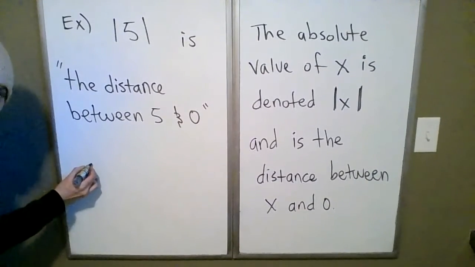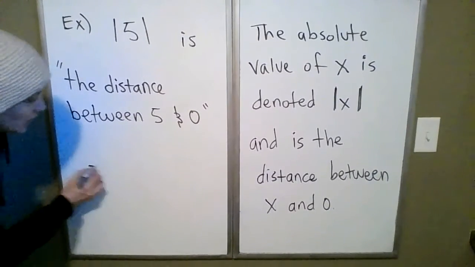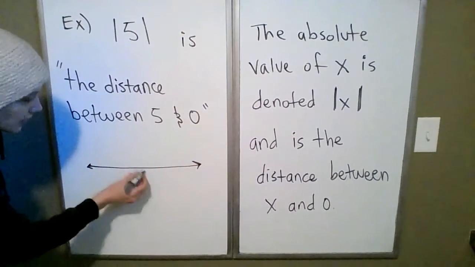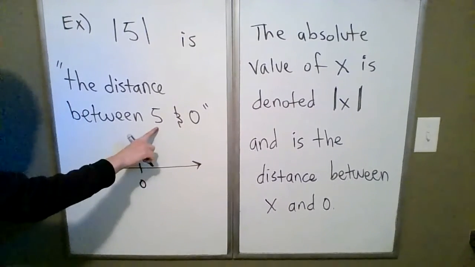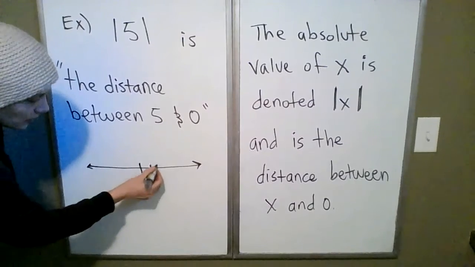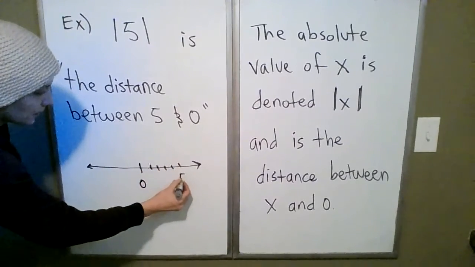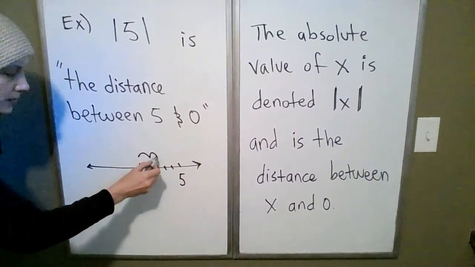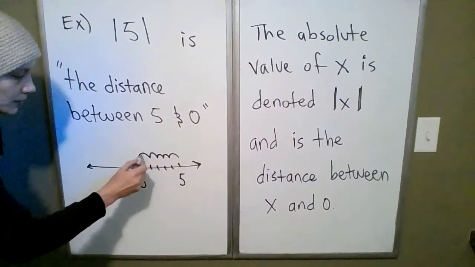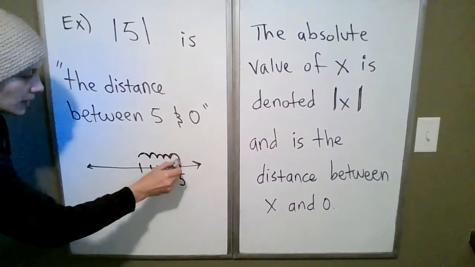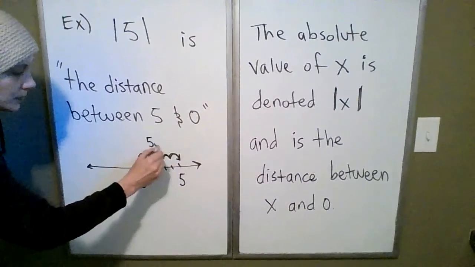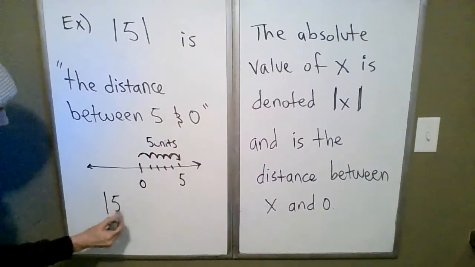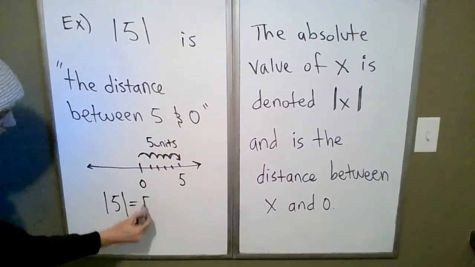Let's draw the number line for whatever real number. Let's go here with 0 and over to positive 5. So how far is positive 5 from 0? It's 5 units away. 1, 2, 3, 4, 5. So the absolute value of 5 is equal to 5.